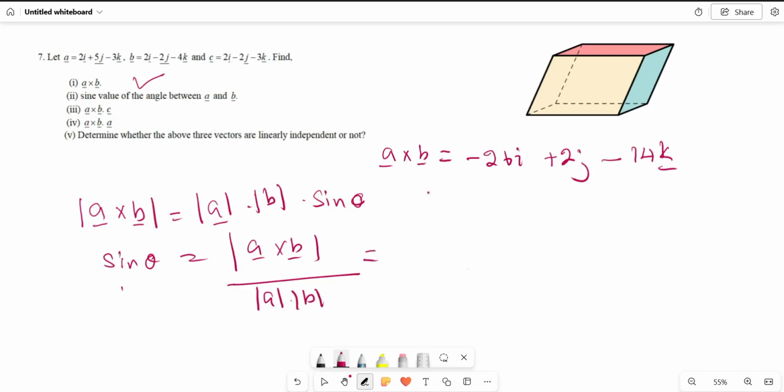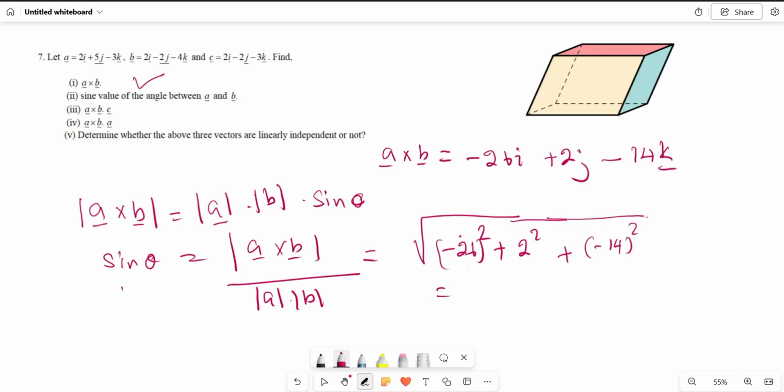Okay, you can take the magnitude of A cross B by squaring the coefficients and taking the square root. So it is like minus 26 squared plus 2 squared plus minus 14 squared.